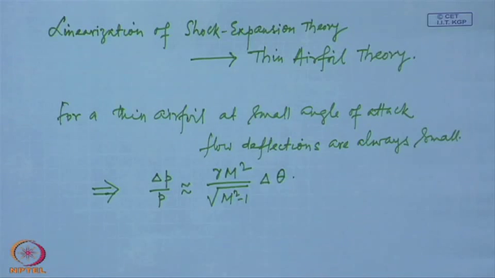Now, when the turn is very small and the pressure rise is also small, the flow deflection is also small, and the difference in pressure ahead and behind the wave is also not large, and consequently P2 and M2, that is the pressure and Mach number behind the wave, are not much different from P1 and M1, that is pressure and Mach number ahead of the wave.